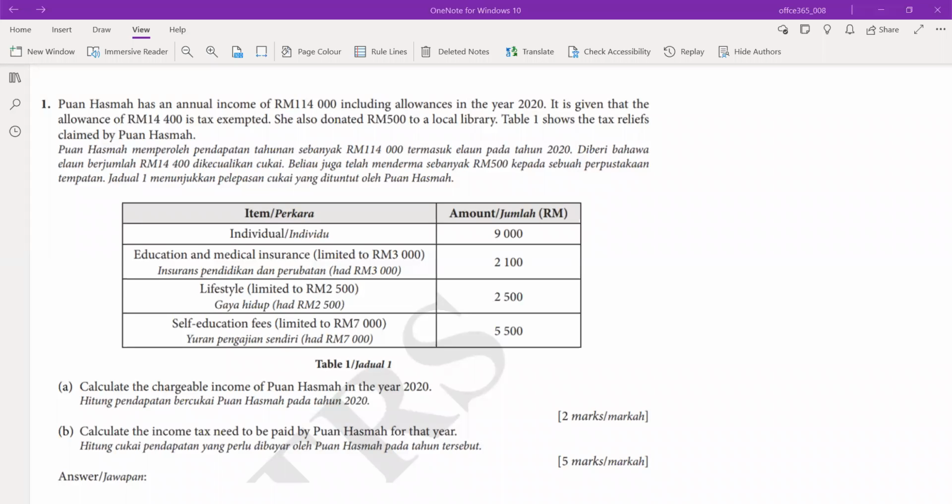Done, ready, A and B. So for those who haven't finished, quickly try to see whether you can do it or not.